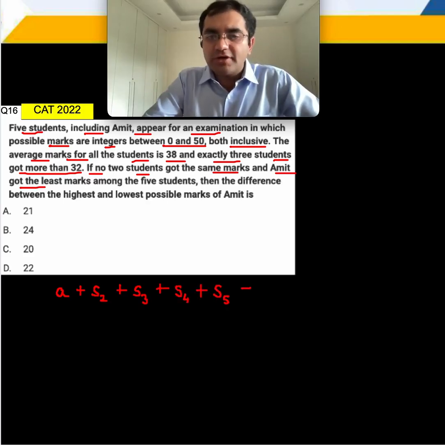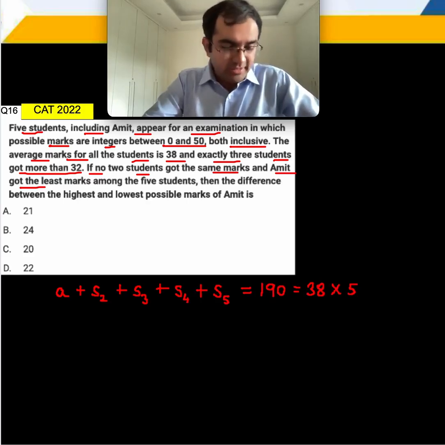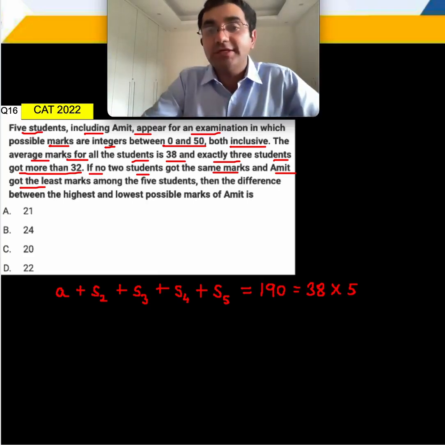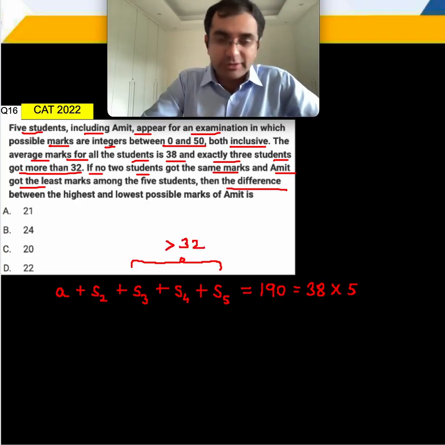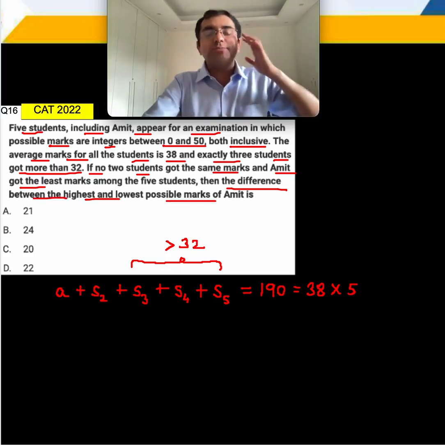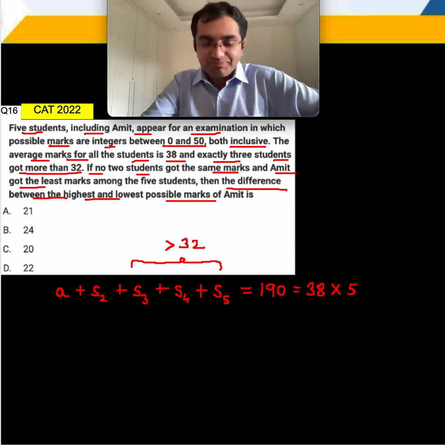Total is equal to 38 into 5, that's 190 marks. 190 marks आपको बनाने. Now this becomes the tough part, where these three values have to be greater than 32. Find the difference between the highest and lowest possible marks of Amit.